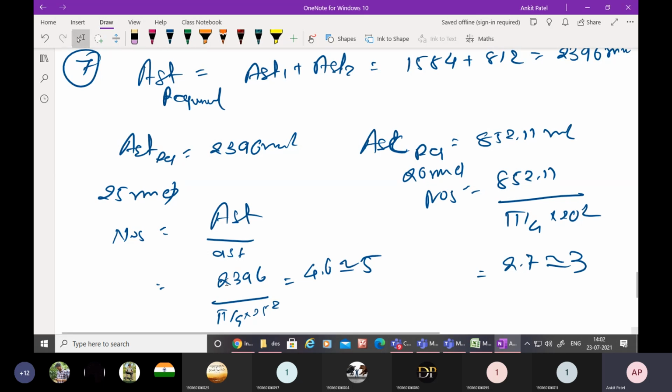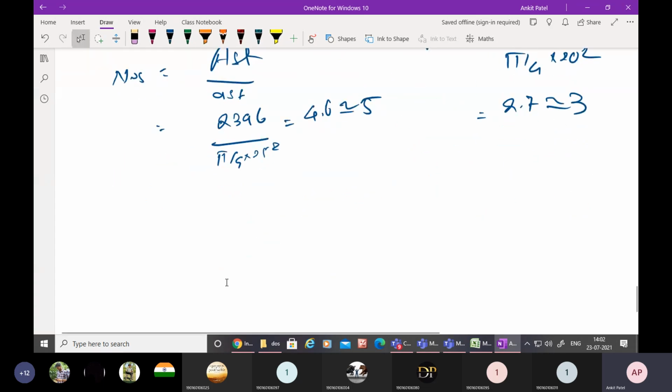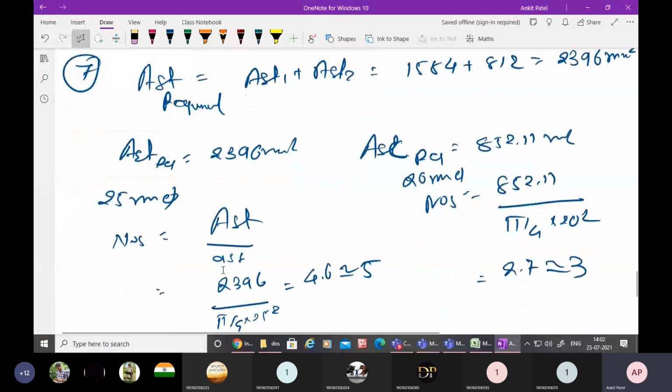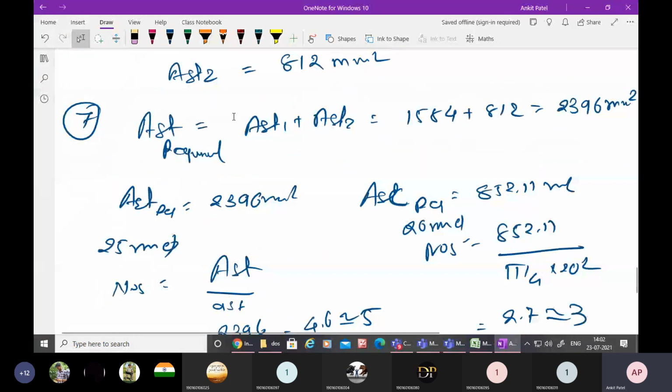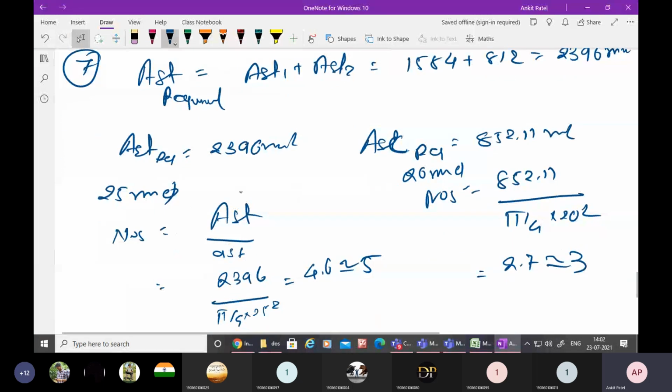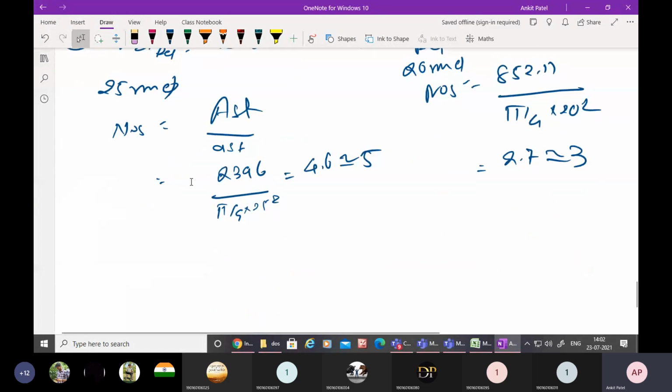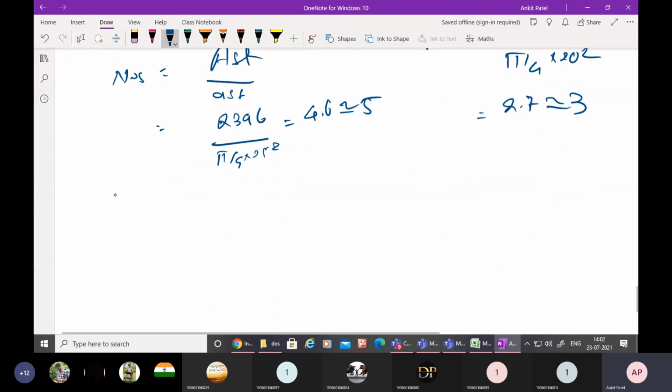So now the provided reinforcement, so that you can identify this is your total AST. Now this you can say is step number 8. So we can use over here AST provided, that is equal to 5 into pi by 4 of 20 square. Sorry, over here what we have assumed is 25 square.